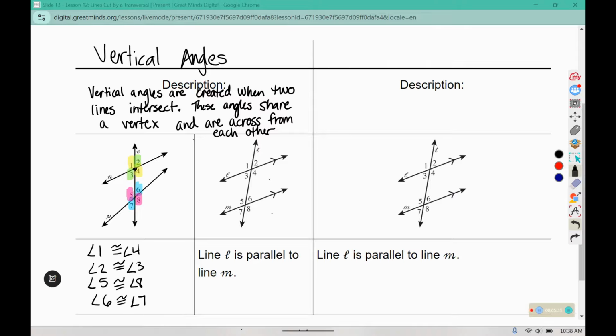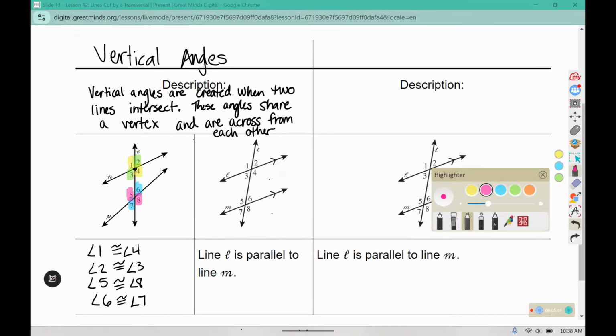And that symbol in the middle stands for congruent. When lines are parallel, they also have vertical angles that are the same.